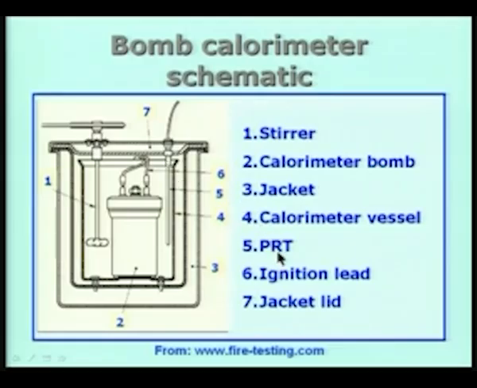In this case I have shown a PRT. Instead of a PRT one could also use a thermistor, or one could use a precision thermometer with mercury in glass. The range of the thermometer will be something from 15 degrees to 30 degrees, that is from almost room temperature to about 30 degrees, and it should be possible to measure a temperature change of 0.01 degrees Celsius during the heating process.